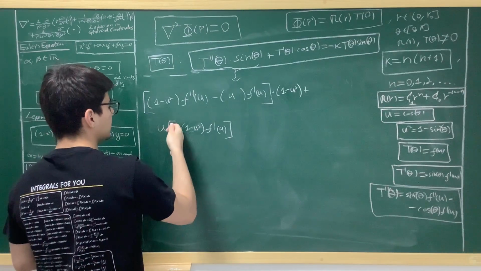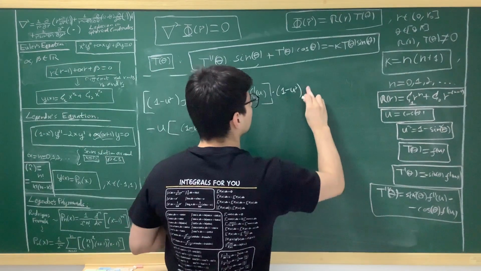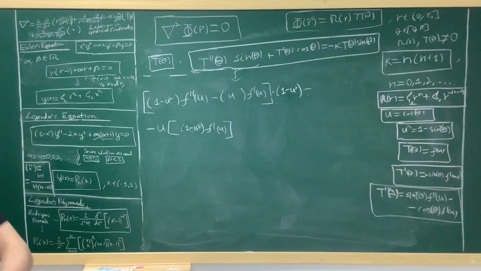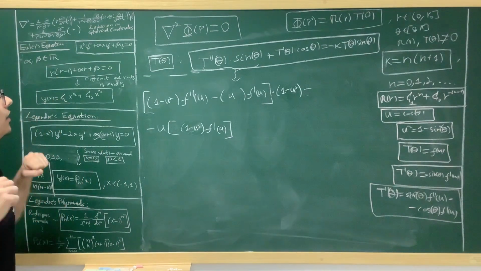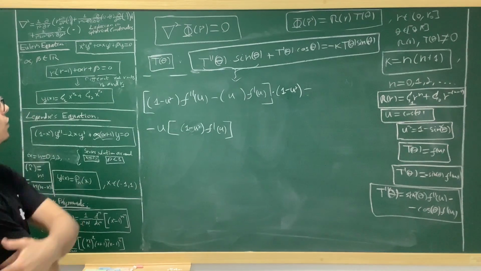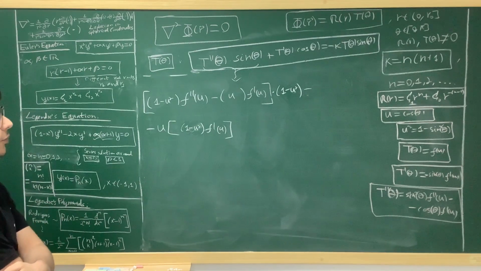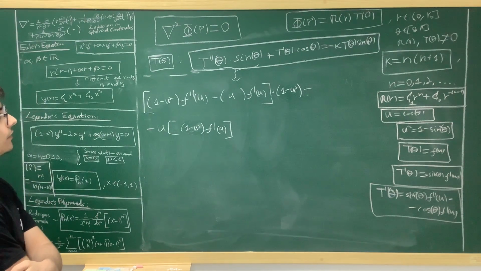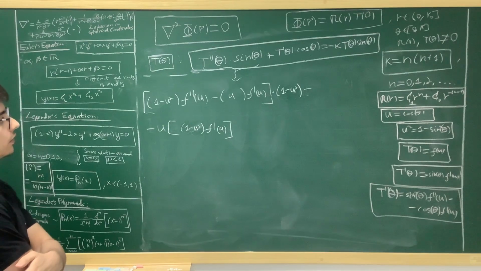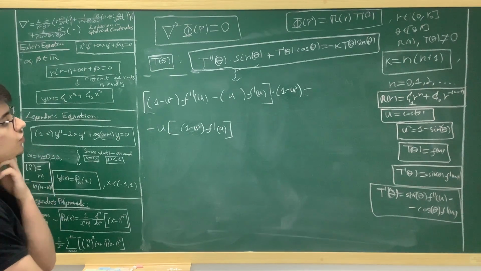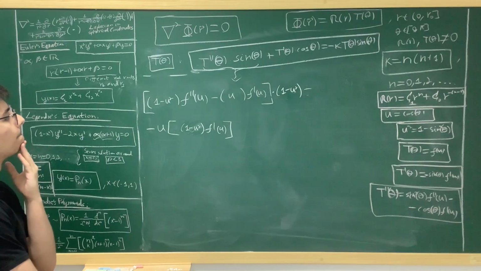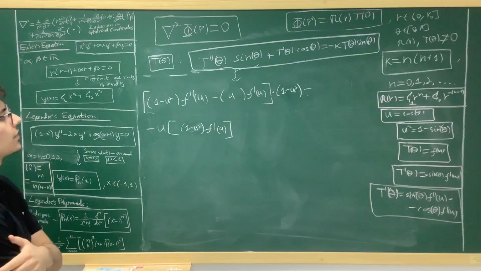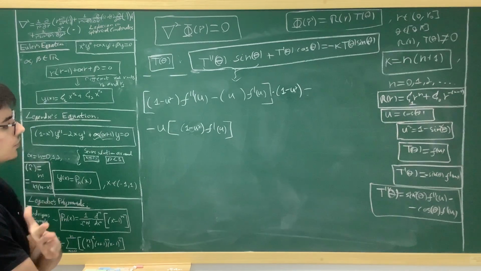And likewise, this negative sign comes in front. Let me just check for a second, because it's many things, and maybe I have gotten mixed up with something. So we had our t double prime there, negative u, and the sine is just 1 minus u squared. Yeah, cosine is u, and t prime is just minus the sine.